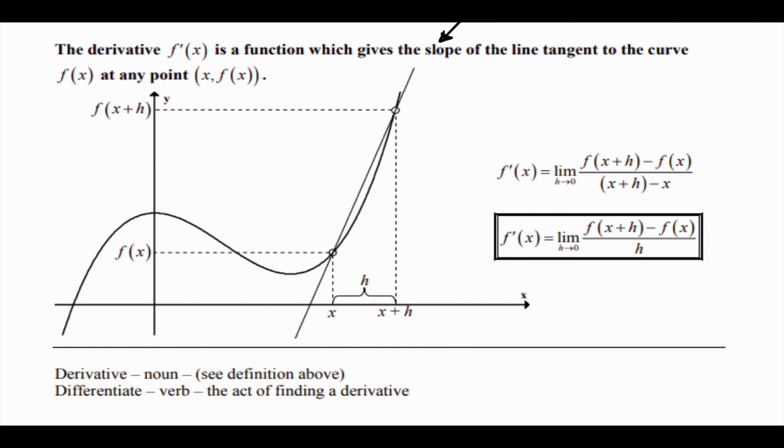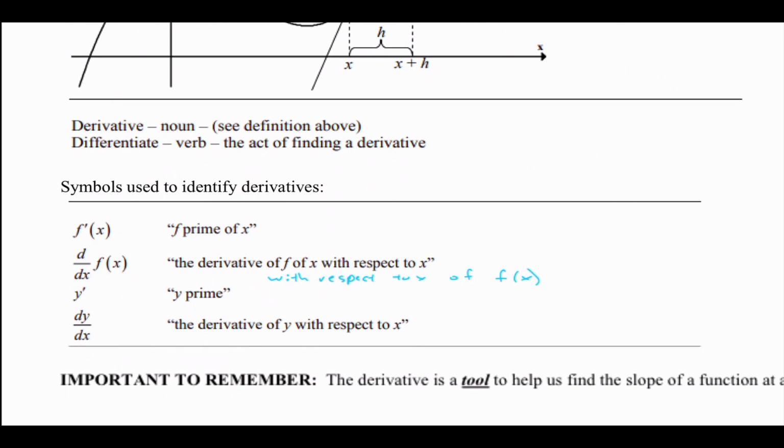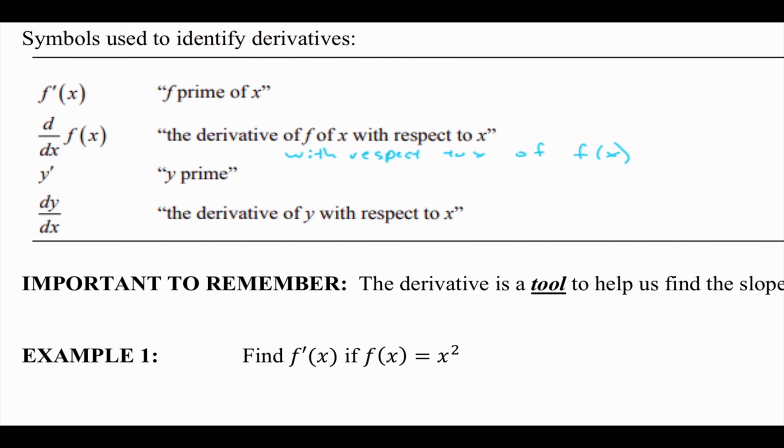Okay. So before we start getting into how to find it, first things first. Let's skip ahead a little bit. You're going to see a lot of symbols that you've probably never seen, unless you've been in calculus. They're symbols for derivative or differentiate. The first one, the f with a little apostrophe, is called f prime.